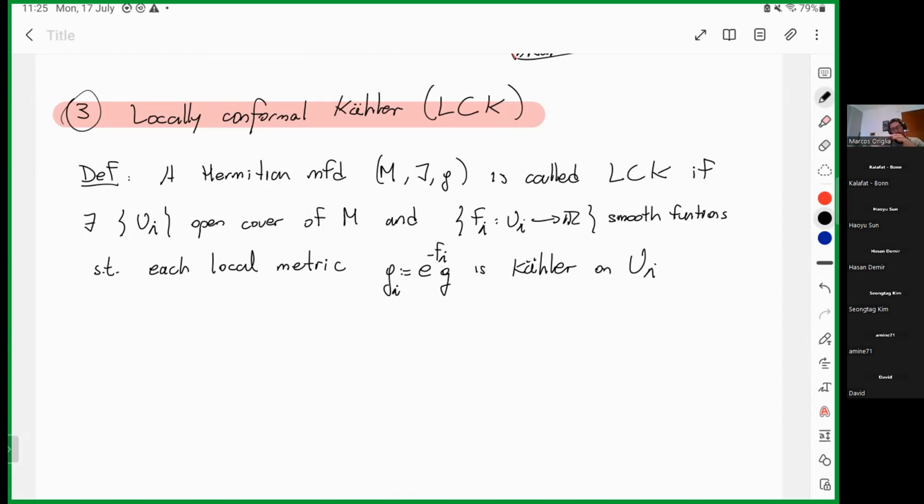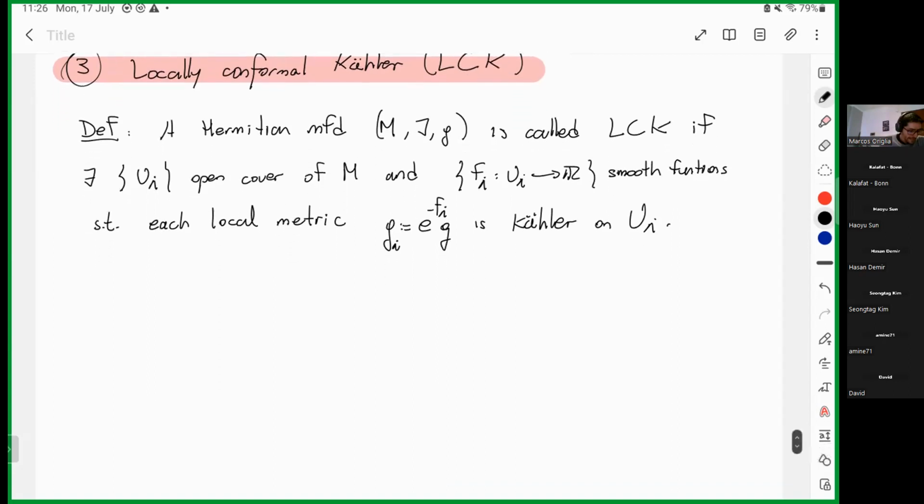So locally, your metric is conformal to a Kähler one. That's why I like to give this definition, and then we will see a characterization of this, which is much easier to work with. Perfect. So that's the definition.